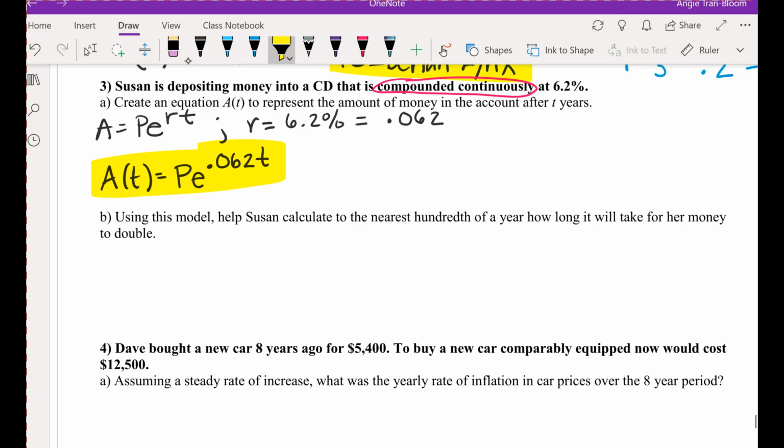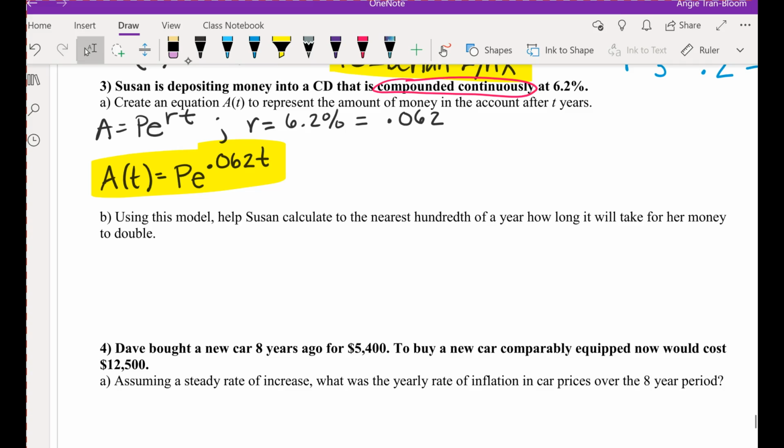Part B, Billy, read me part B. This model helps you to calculate the nearest hundred every year. What does it mean for her money to double? The amount of money is 2 times. Right, but it never gave us the initial investment before. So what are you going to do?